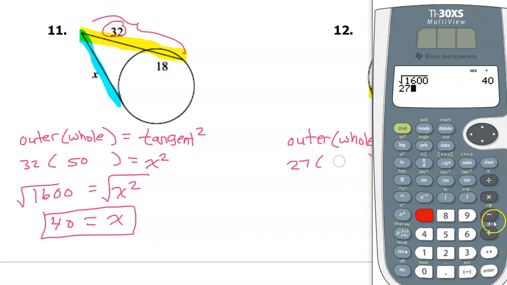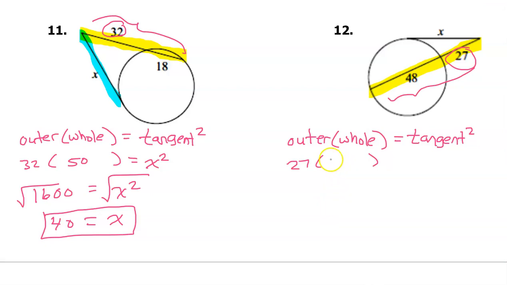So if I take this 27 plus the 48, I'm getting 75. So I have 27 times 75 is equal to the tangent squared. Well, the tangent is just x. So that'll equal x squared.